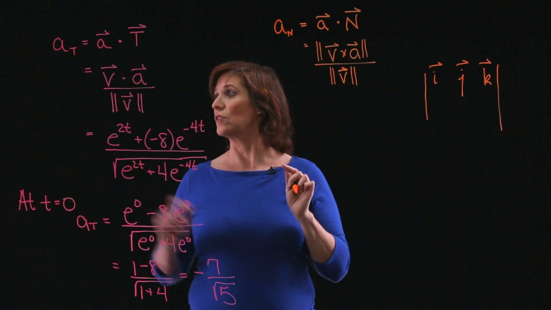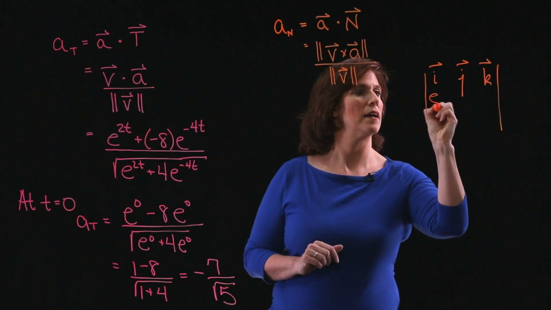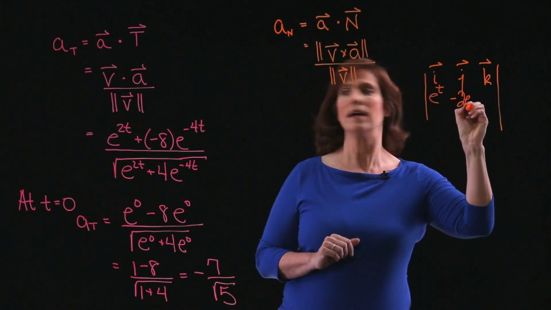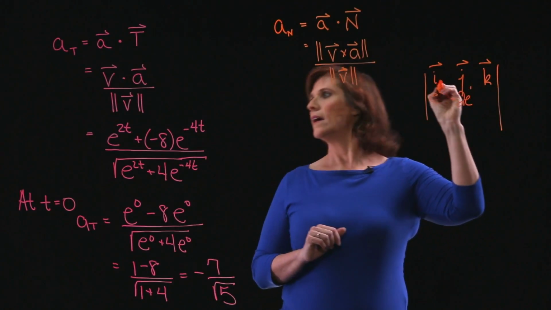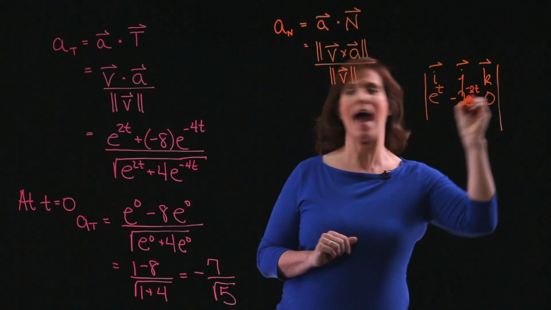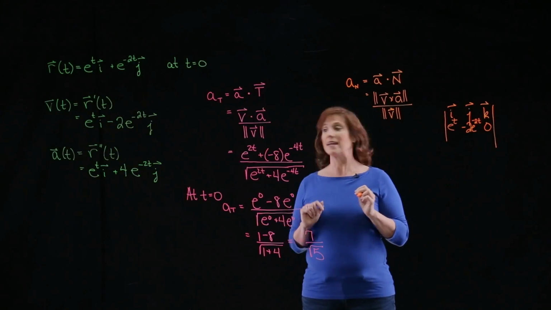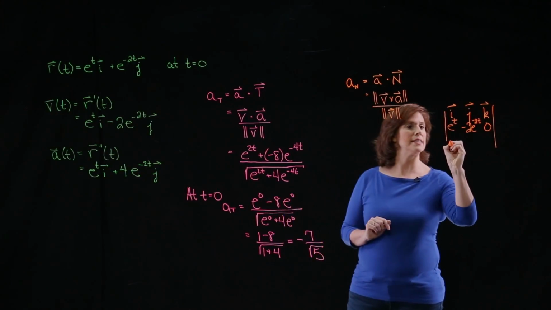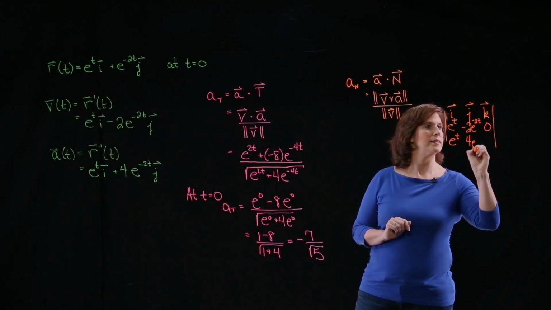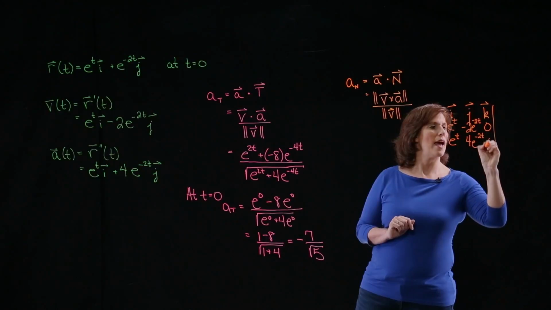The velocity vector is e to the t and minus 2e to the minus 2t and 0. For our acceleration vector, we're going to have e to the t and 4e to the minus 2t and 0.